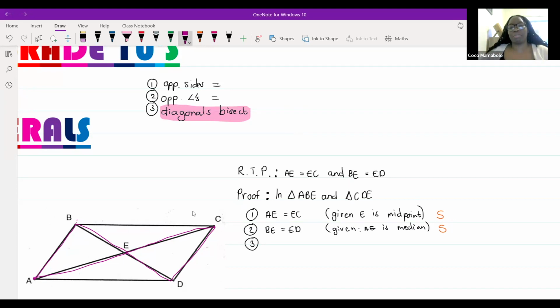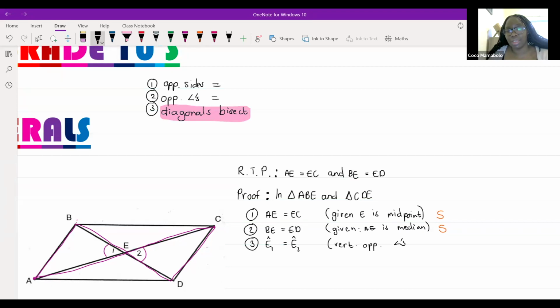I give myself bonus points, but Saneli absolutely nailed it on the head there. We can name this E1 and we can name that E2. And then we can say that E1 is equal to E2 because of vert-op angles. Angle E1 is equal to angle E2, and our reason is because of vert-op angles.